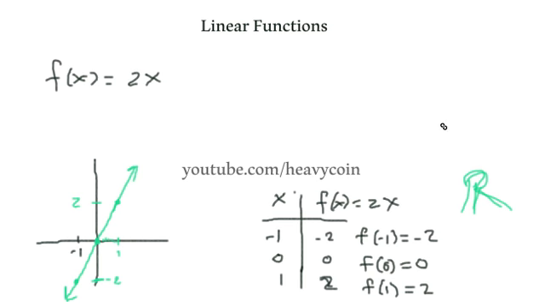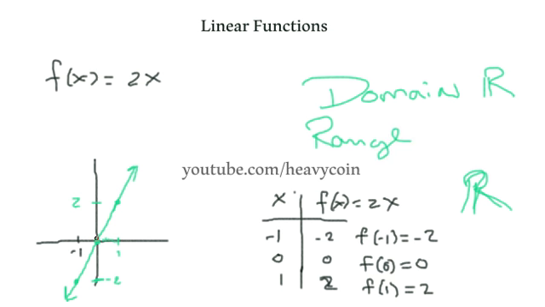Now, the domain of this function is all real numbers, and the range, remember these were all the y values out. So if this is going to infinity, then that means that for every x value there's going to be exactly one y value, but there's going to be all the y values. So the range is also R, but actually we would say it's from -infinity to +infinity, and we could say that the domain is from -infinity to +infinity.